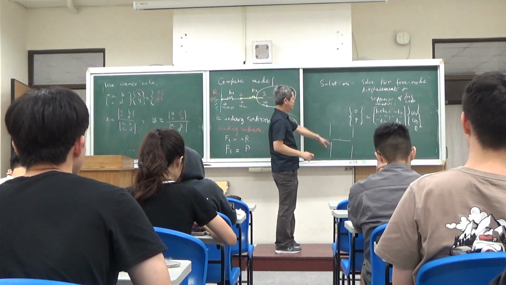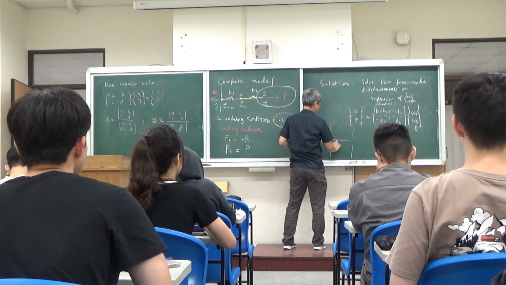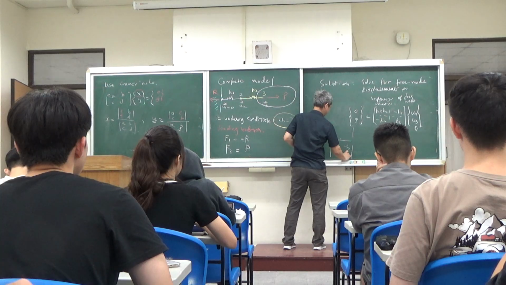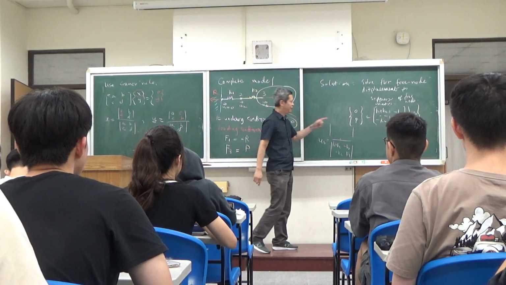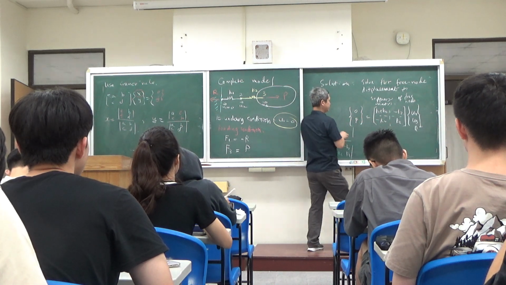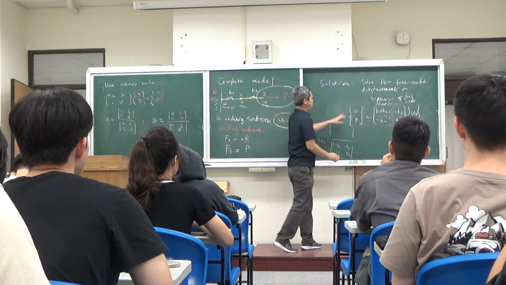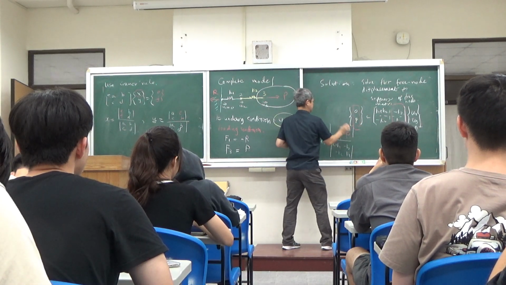In the denominator you have K1 plus K2, minus K2, minus K2, K2. In the numerator, you're going to have these columns replaced by the force vector.